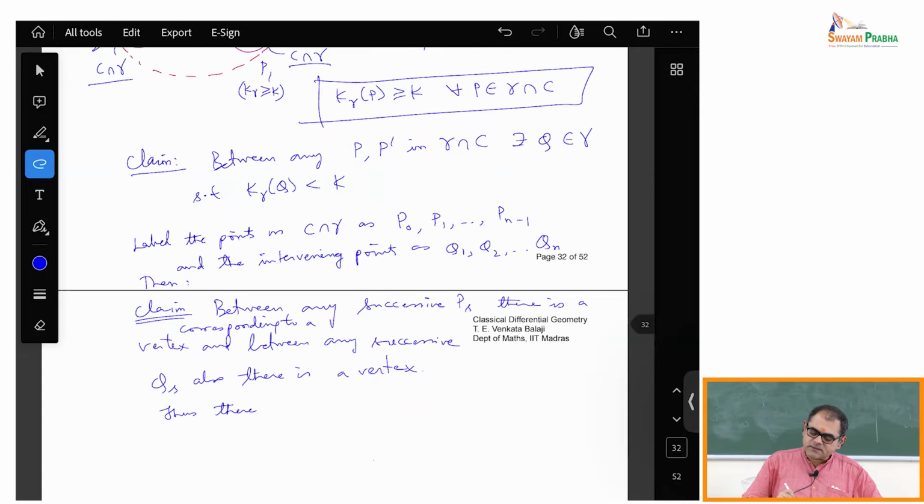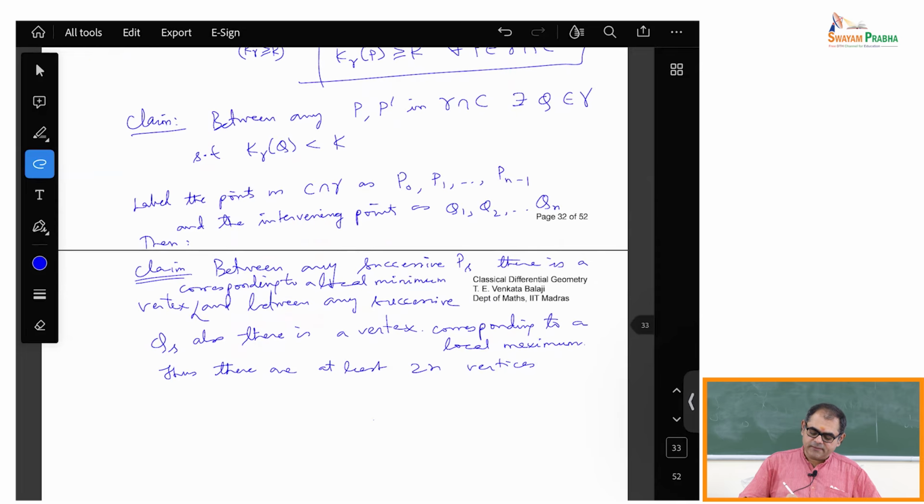So between any successive P's there is a vertex corresponding to a local minimum, and between any successive Q's also there is a vertex corresponding to a local maximum. So that is important. Okay. So thus there are at least 2n vertices.